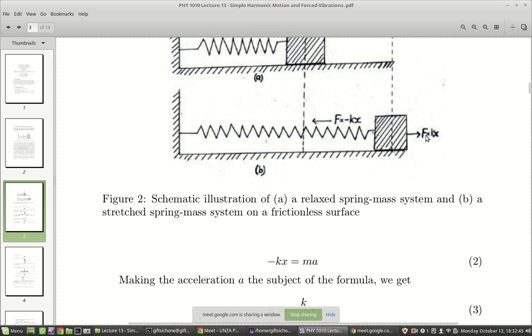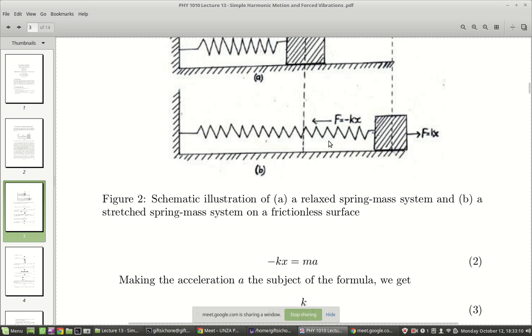So inside the spring, there is this force F equals minus kx. So when you let go of this mass, it will start moving in this particular direction. It will be pulled by the spring. It will approach this dashed line here, which is the equilibrium position, but the mass is not going to stop here. The mass will go beyond this side.